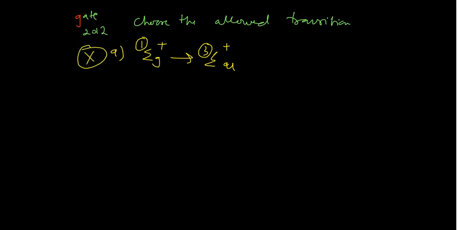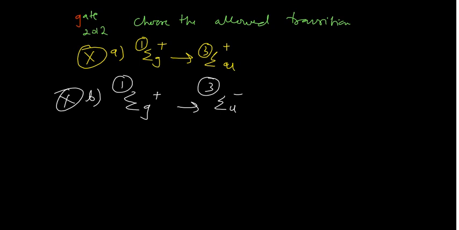Then go for B. Sigma g positive and 1, and next is sigma u negative and 3. You can clearly see here that this is 1, this is 3, so this is spin forbidden. So this is again crossed out.